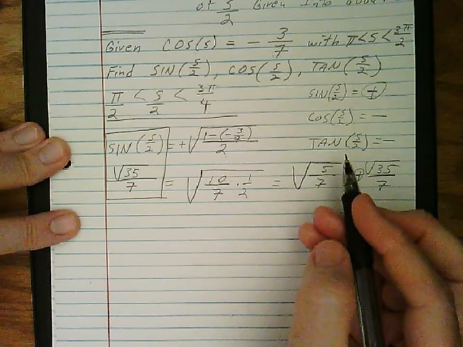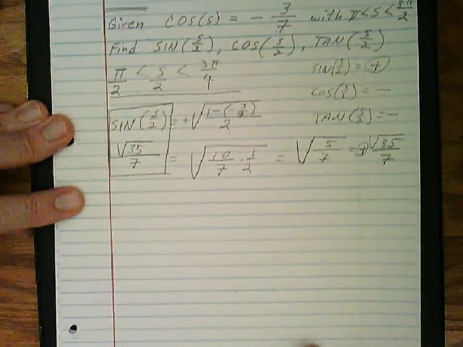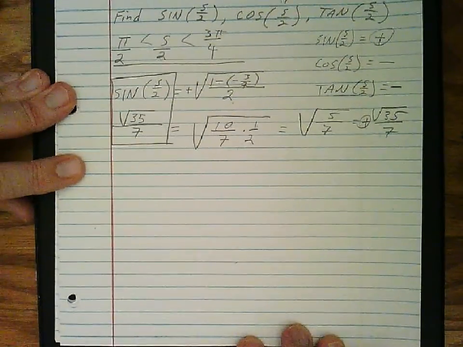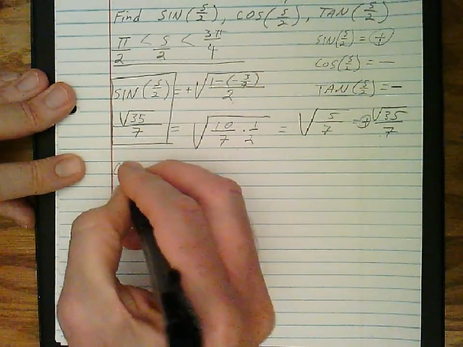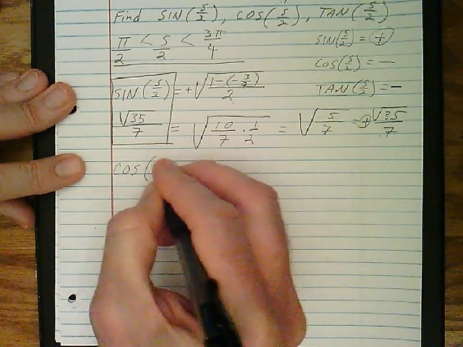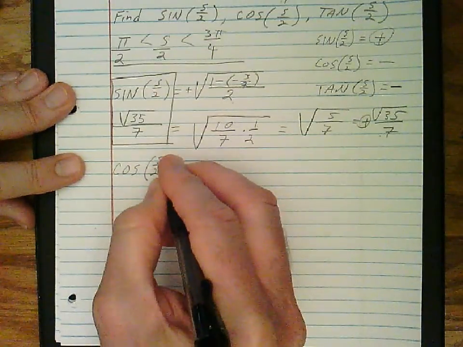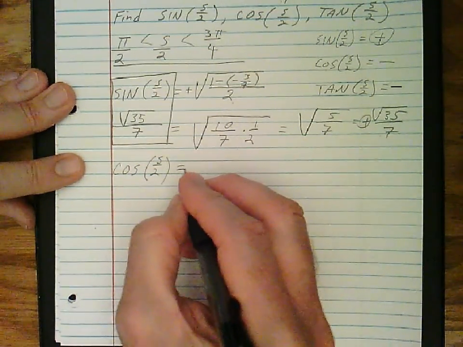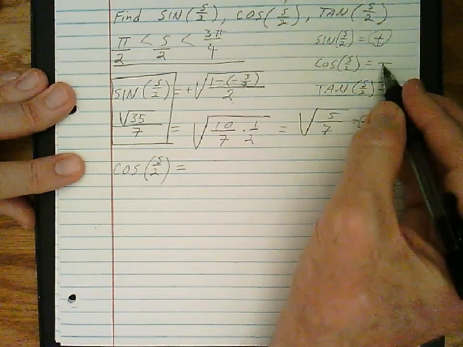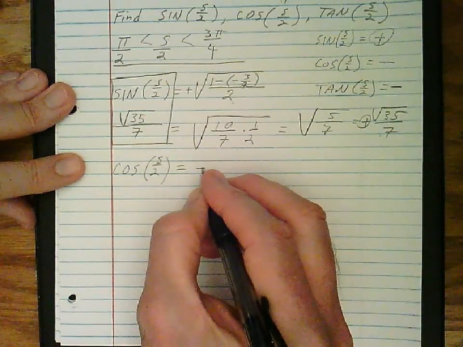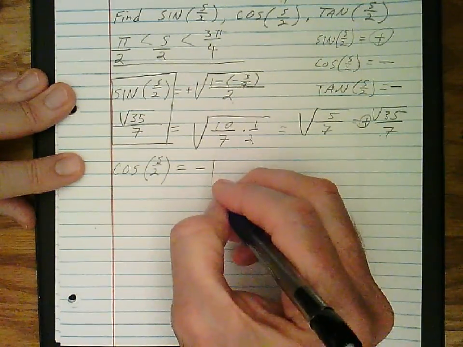Part 2, it wants us to find cosine of s over 2. Cosine of half an angle is very similar to the sine of half an angle. Remember that cosine of half an angle is negative here, so we're going to use the negative root. Might as well get that right off the bat.